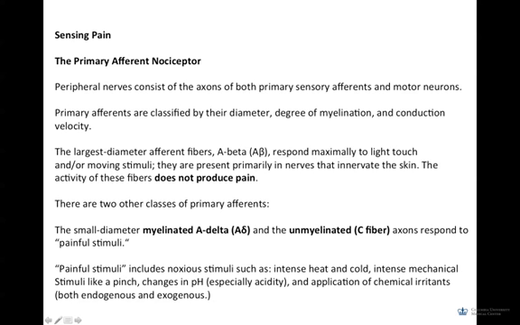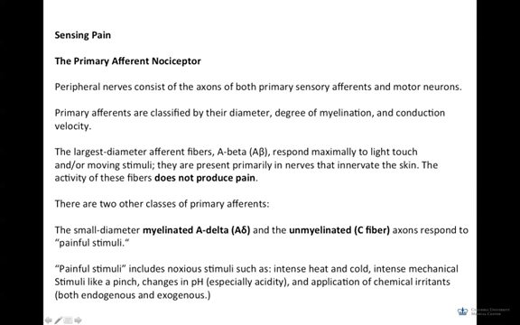So we do have a set of primary afferent nociceptors, these nerves that convey pain. They are found within peripheral nerves, and those peripheral nerves start off as spinal nerves before they then branch out to all targets in the body.